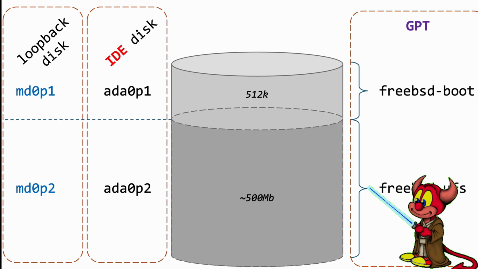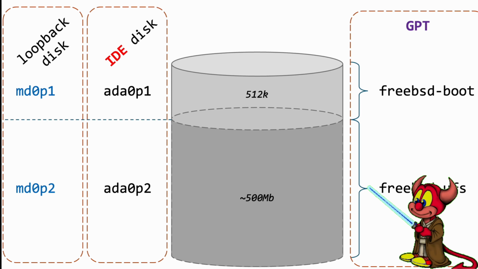In this picture I show you the geometry of the disk. We're going to get a disk of about 500 megabytes, which is going to be way too big. The first partition is going to be 512 kilobytes. This is going to be the FreeBSD boot partition.